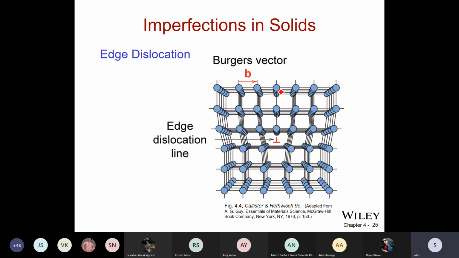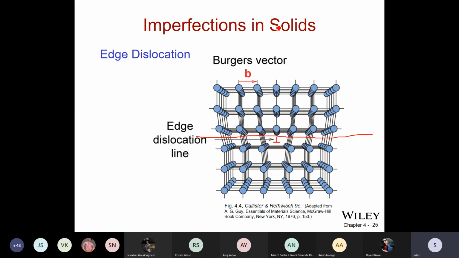There is an extra half plane lying over the slip plane. The slip plane is somewhere there. Slip plane means the plane on which this dislocation line exists and along which it moves. That is called a slip plane. It's a crystallographic plane. So the extra half plane lies above this slip plane which I drew. It is an atomic plane. And what I showed you is this.